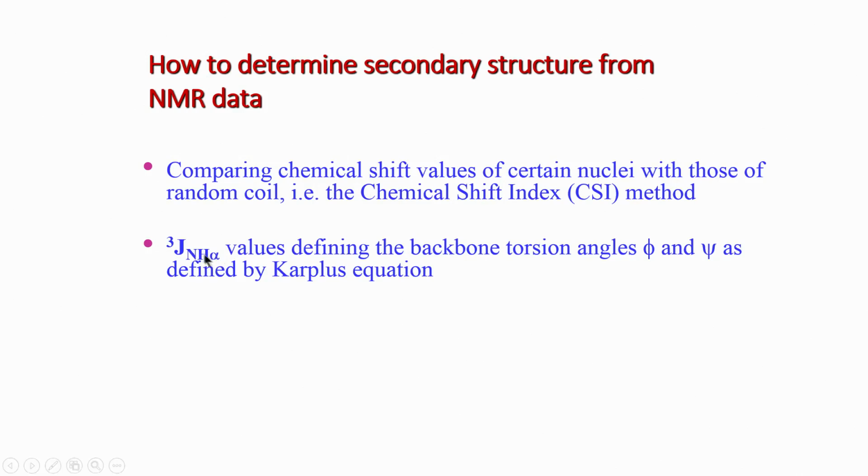So, this is a 3 bond separation, and by measuring that J value, which we will see how to measure, we can calculate what is known as the torsion angle phi, and from there we can find out if the secondary structure is alpha helix, beta sheet or random coil. How to calculate the torsion angle will be shown by the famous Karplus equation. So, let us begin with the first method, the method of chemical shift index.